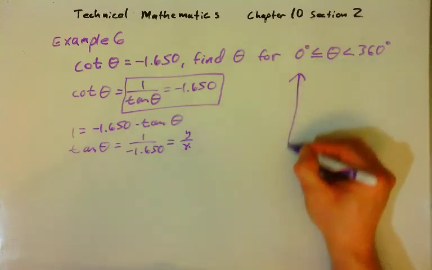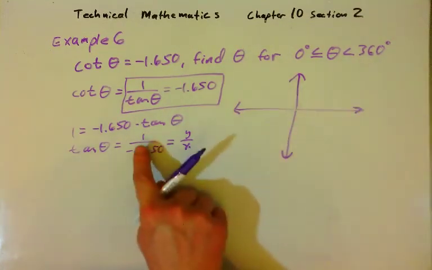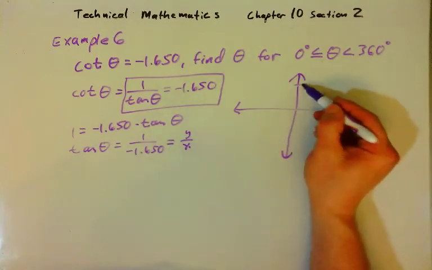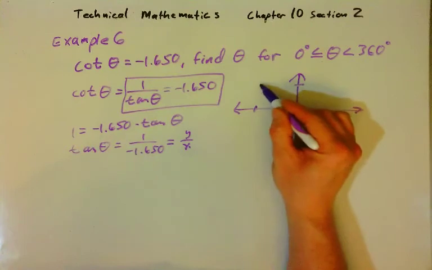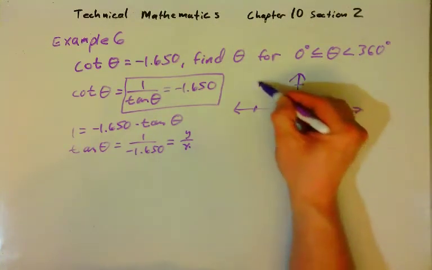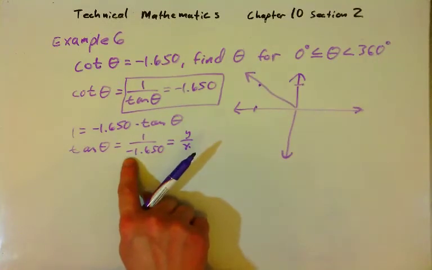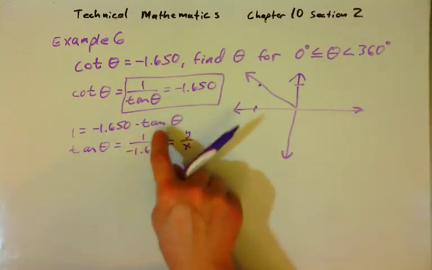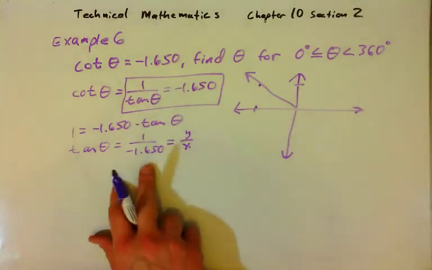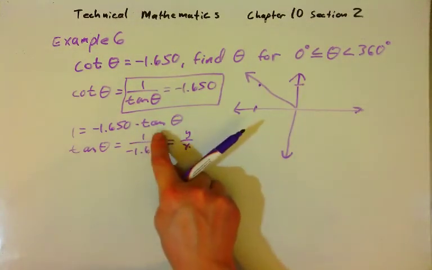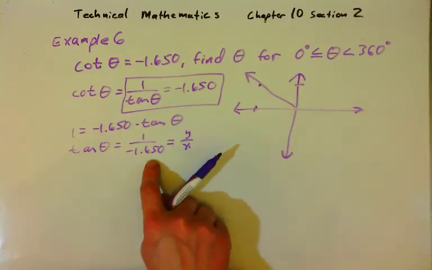And so if we look at the coordinate plane, we can treat 1 as though it's the y value, negative 1.650 as though it's the x, and this is one of the angles that we're looking for. And the negative doesn't necessarily have to be in the denominator, because as long as the signs are different, when we divide them we still get a negative number. And so the y value could be the negative 1, and the x value could be a positive 1.650.